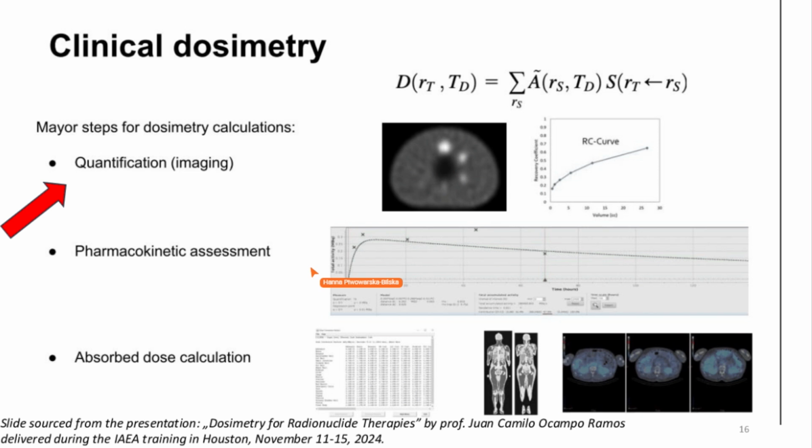Dosimetry reports are very easy to generate. You just need to start the computer program, software. But we don't know whether the results, the VOI, the volume of interest, are correct. We need to verify this. For physicists, it's a very easy task.